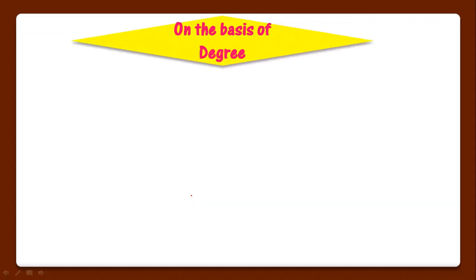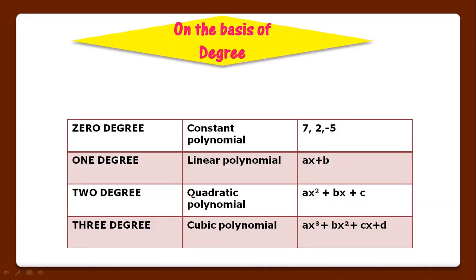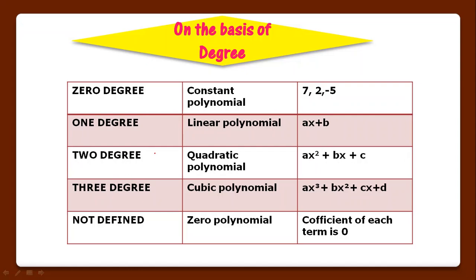Now let's see the classification on the basis of degree in detail. When the degree of a polynomial is 0, it is called a constant polynomial, because only constants are present in it. As I told you earlier, if only 7 is written, it means x raised to the power 0 is here. So a polynomial of degree 0 is also called a constant polynomial.